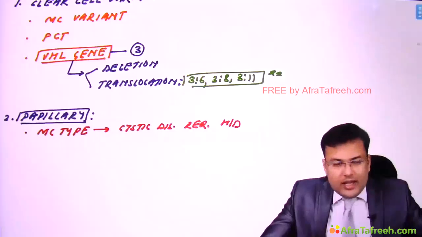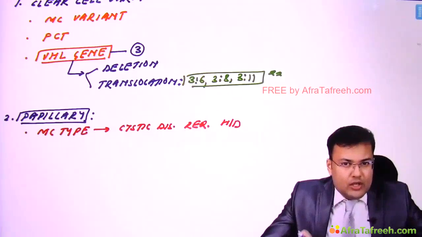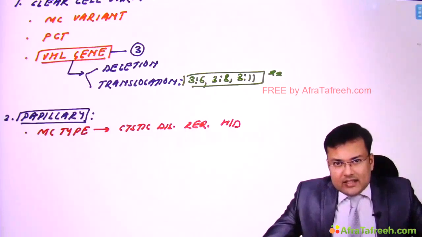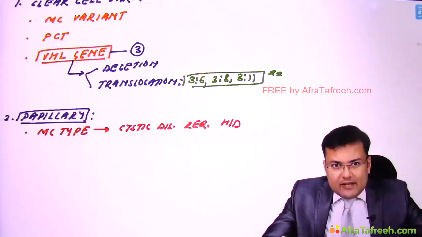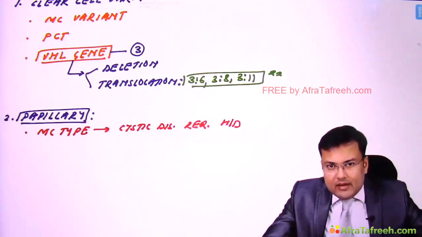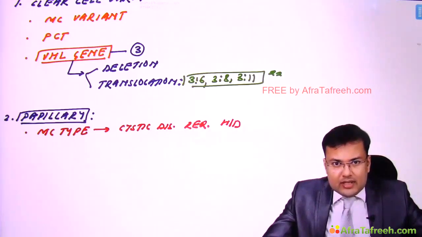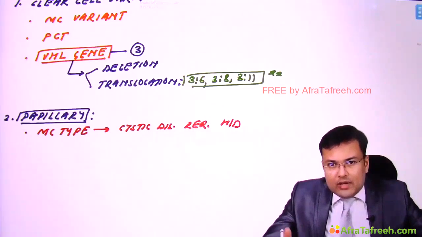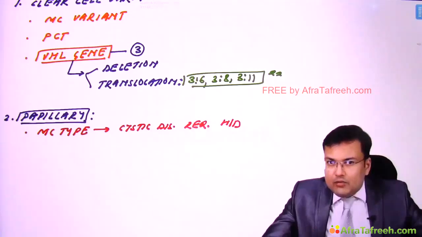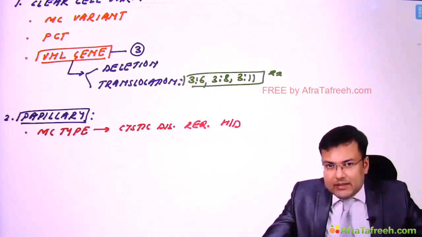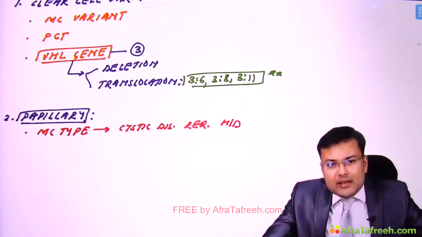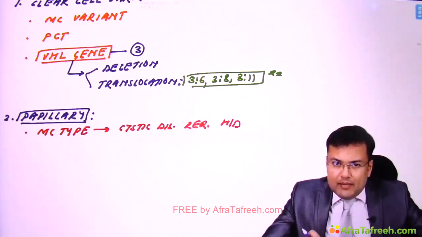What does it mean? Imagine a patient is having autosomal dominant polycystic kidney disease, so the patient is having cystic disease. In the 5th and 6th decade, if the patient develops renal failure, the patient requires hemodialysis or renal transplantation. You are going for hemodialysis in this patient. And if a tumor develops in this patient, what is that tumor? It's papillary.